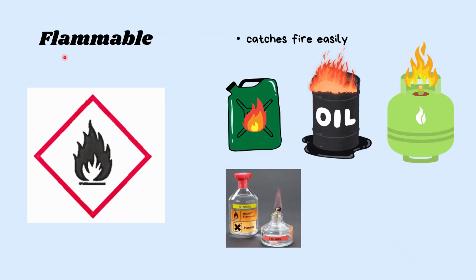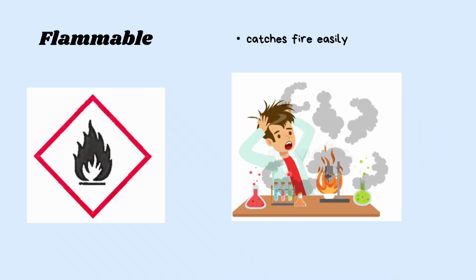Next hazard is the flammable hazard. The symbol itself shows a flame. So it indicates that the substance can easily catch fire. So make sure that you're keeping them away from the fire source. If you're not keeping it away from the fire source, this is what is going to happen in the laboratory.